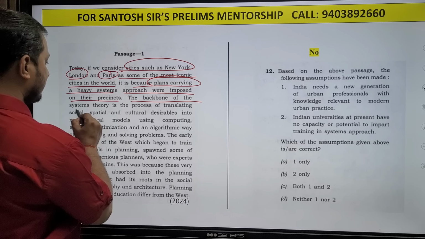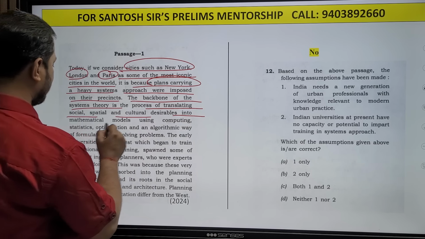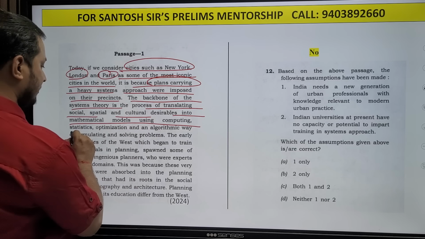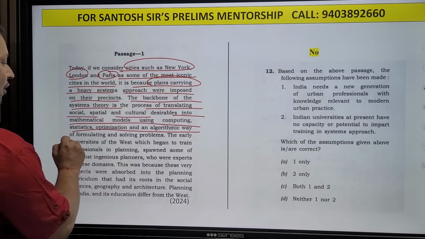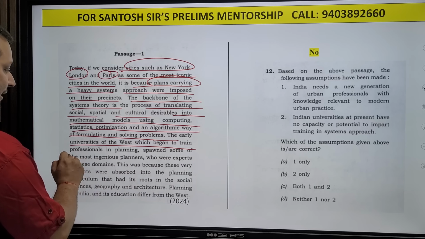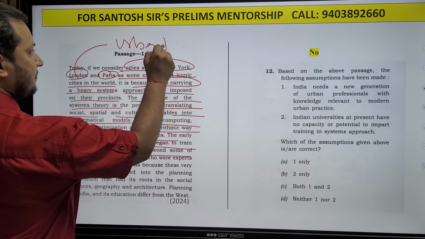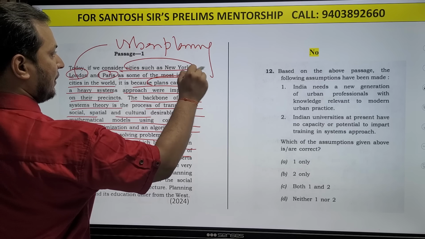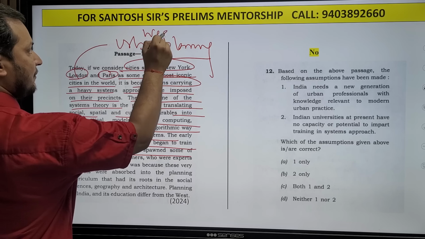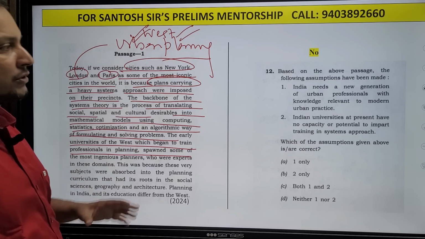The backdrop of the systems theory is that the process of translating social, spatial and cultural desirables into mathematical models using computing, statistics, optimization and algorithmic ways of formulating and solving problems. The early universities of the West began to train professionals in planning. So basically this topic is on urban planning, and it is basically praising the West, that the West has a systems approach and something like that.